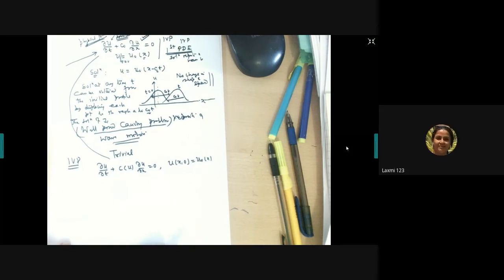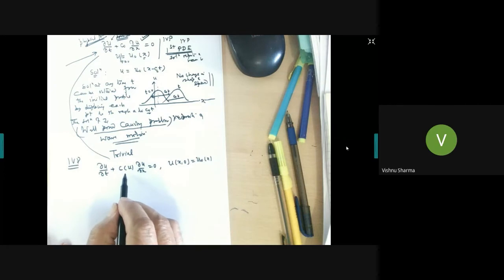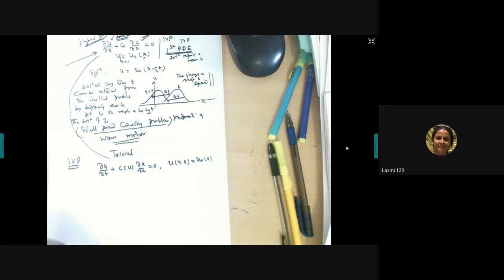In the above problem it was C0, with fixed shape and fixed speed. So as per our classification, what will we call it? C is a function of u. It is not linear, it is quasi-linear.